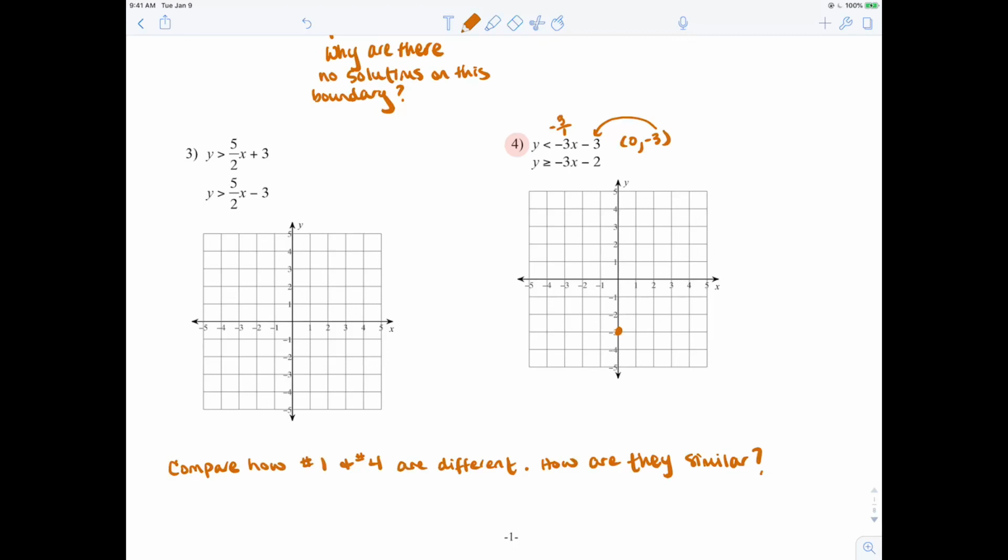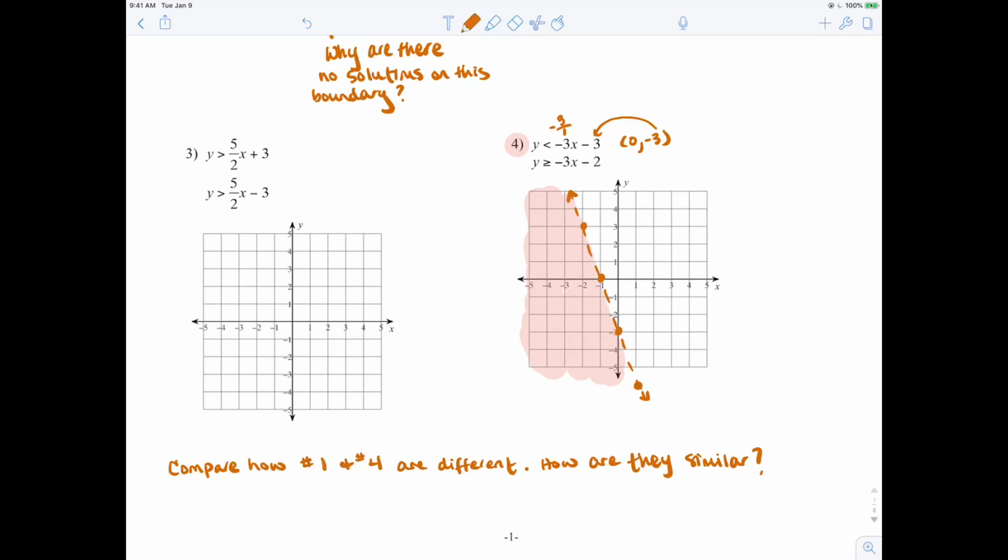And so I would go down 3 units, go over 1 unit, make a point here, and then I can go in the opposite direction to make as many points as possible. This is a less than inequality, but it doesn't have a solid line in the inequality, so it does not get a solid line on the graph. We connect our points with a dashed line and shade below because it is less than.